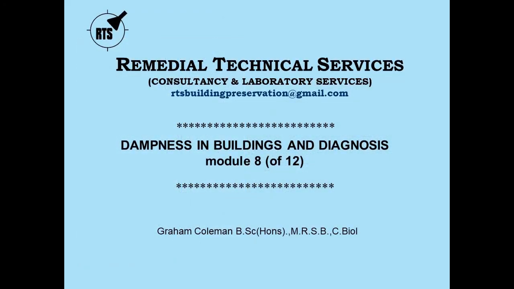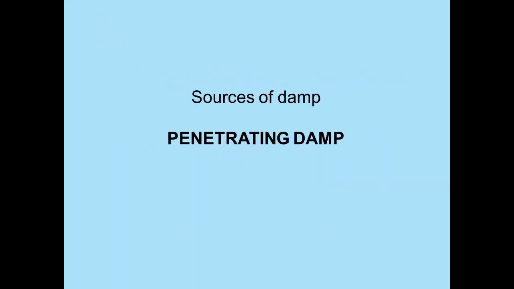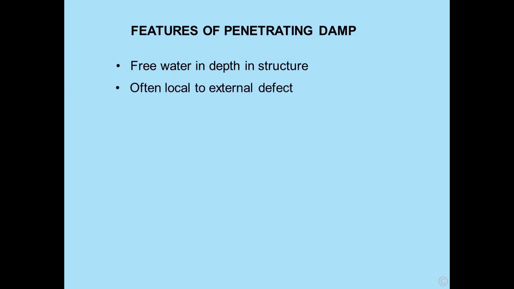Dampness in buildings and diagnosis, Module 8. Sources of damp, penetrating damp. There are just a few slides here simply showing examples. Features of penetrating damp. Free water in depth in the structure. Often local to external defects. Efflorescent salts often present.